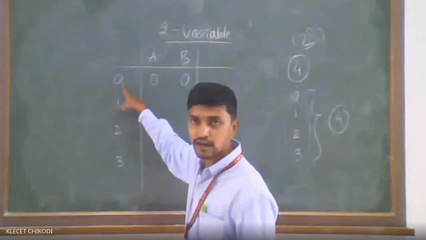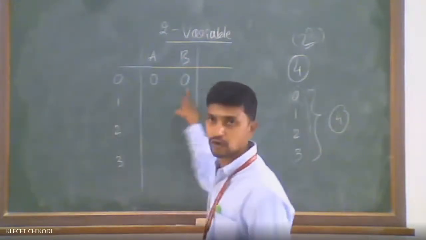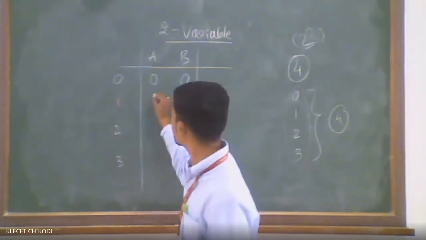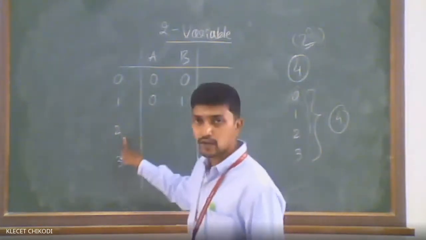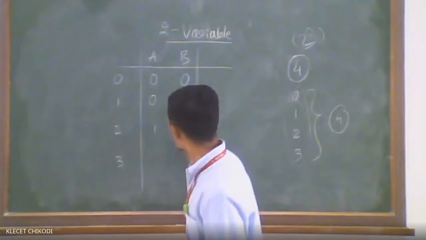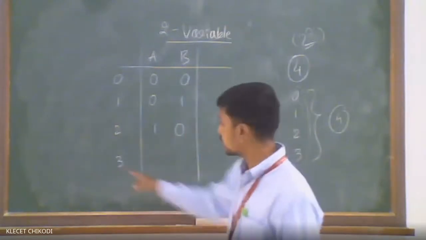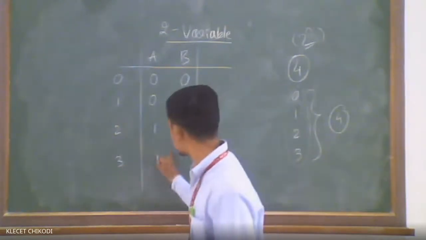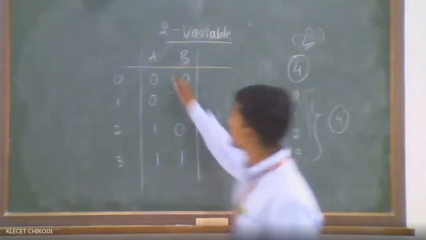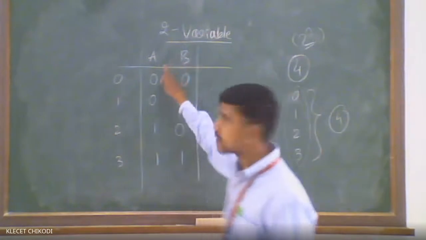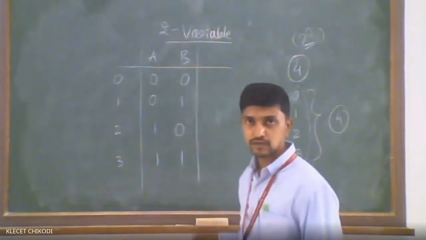For decimal equivalent of 0, it will be 0, 0. For decimal equivalent of 1, it will be 0, 1. For decimal equivalent of 2, it will be 1, 0. And similarly for decimal equivalent of 3, it will be 1, 1. So this is how we have to write the truth table for 2 variables.